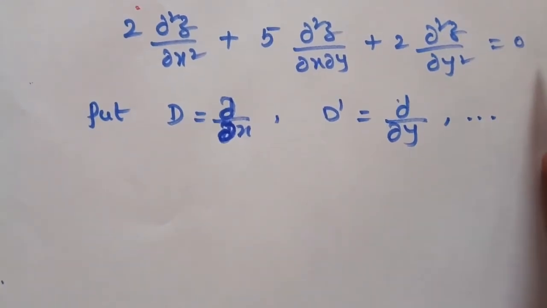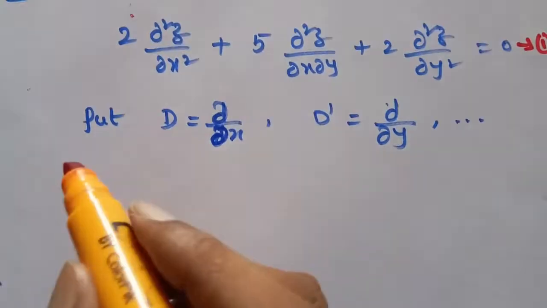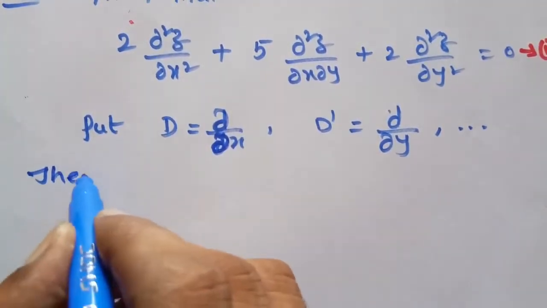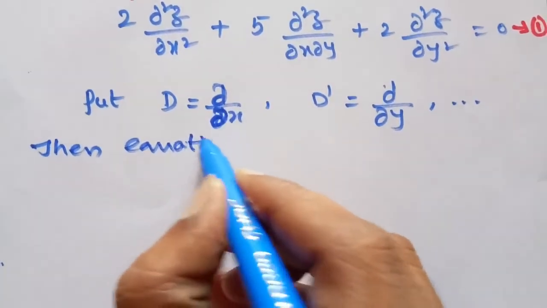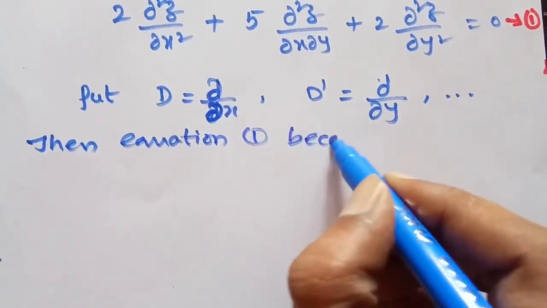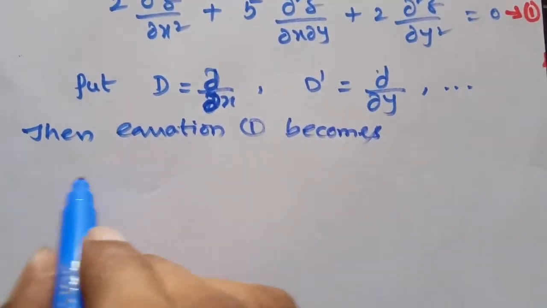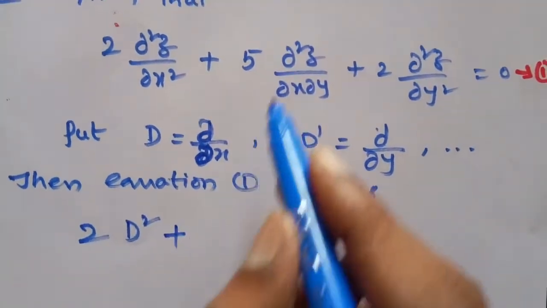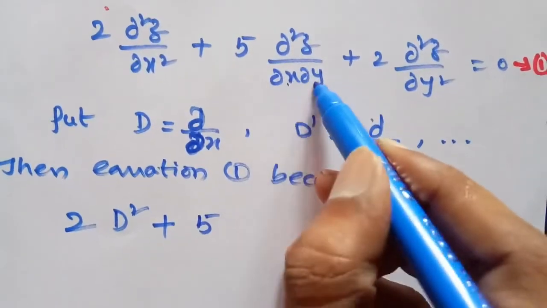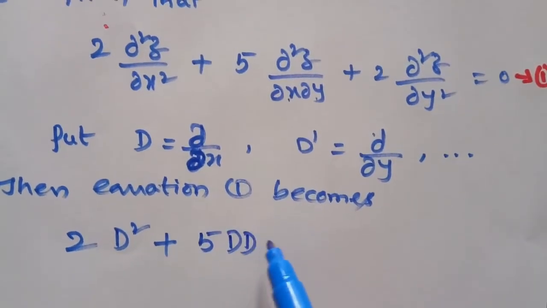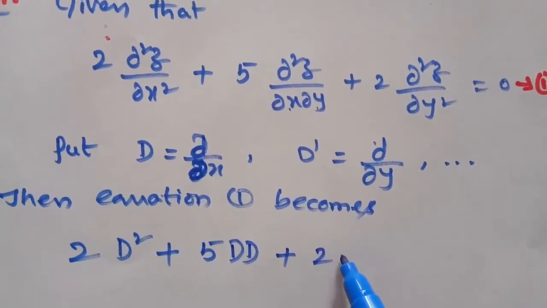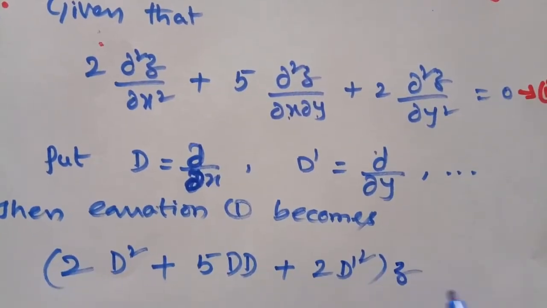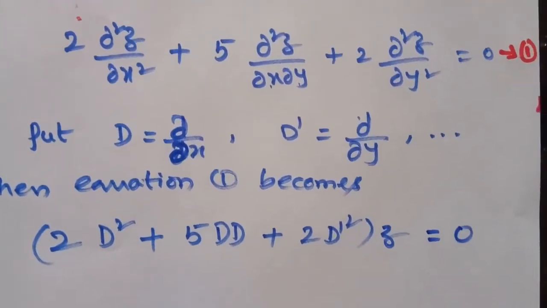Now equation 1 becomes 2 D² + 5 D D' + 2 D'² of z, where we are writing z commonly to the right of the differential operator, equal to 0.